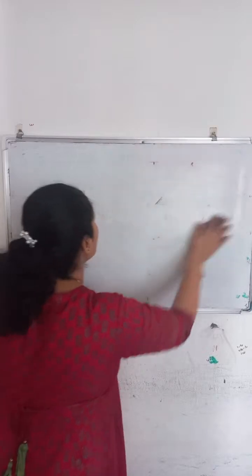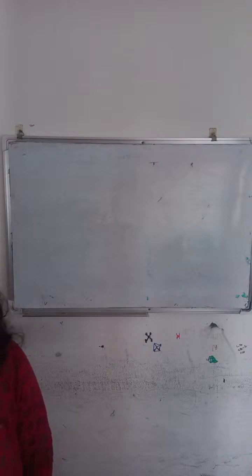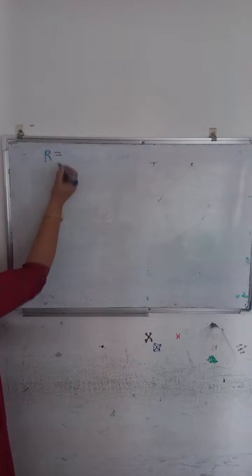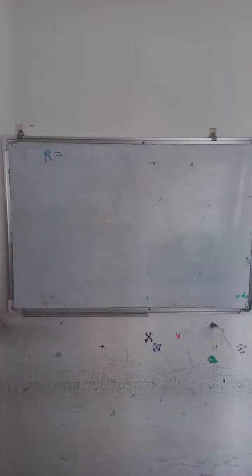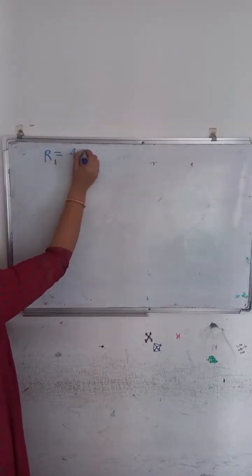Now first we can write for Ravi. I will use the notation capital R for Ravi. Ravi has only one marble, and its radius is 4 centimeter.